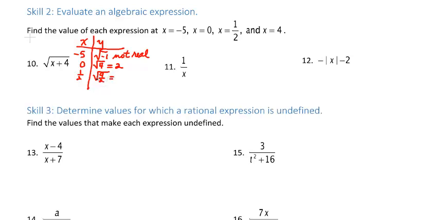And we'll write that right now as the square root of 9 over the square root of 2, which is 3 over the square root of 2. And then if we substitute x with 4, we would get the square root of 8. And the square root of 8, because it's 4 times 2, is really 2 times the square root of 2.